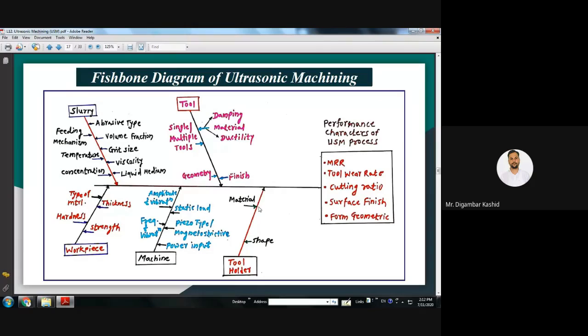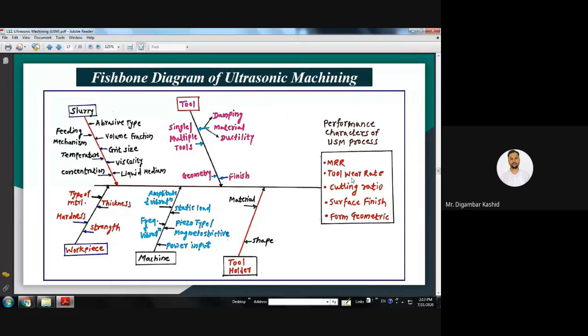As I have already mentioned earlier, you can evaluate the performance of the process in terms of material removal rate, that is MRR, tool wear rate, and cutting ratio.